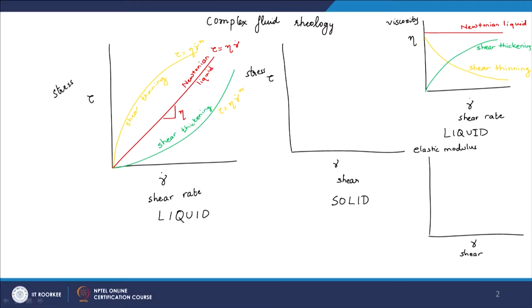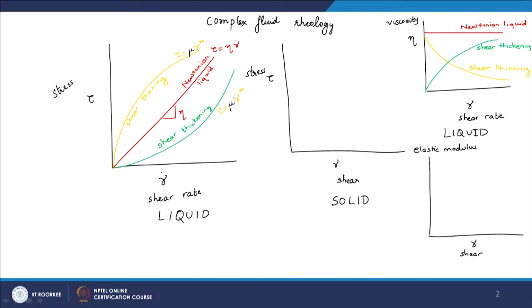This eta is not the viscosity anymore. So, let us use a slightly different notation here, just to be clear that this is not a constant viscosity. Let us call it some mu.